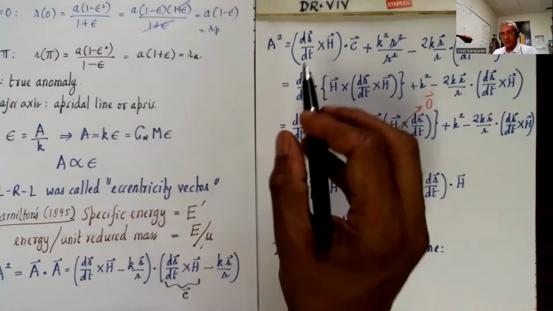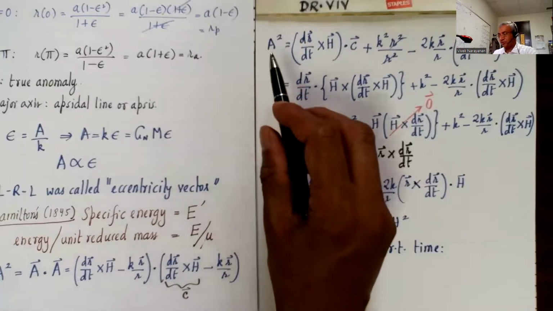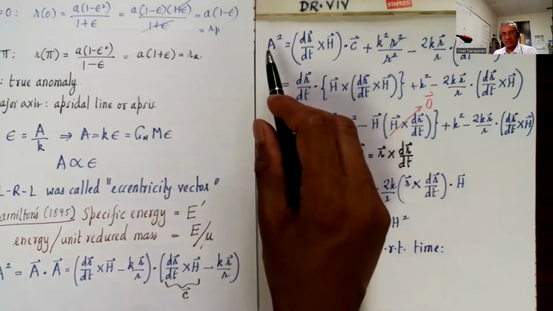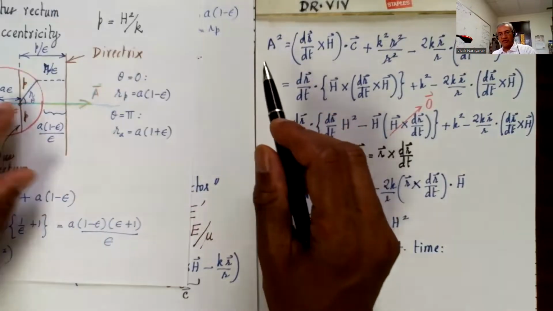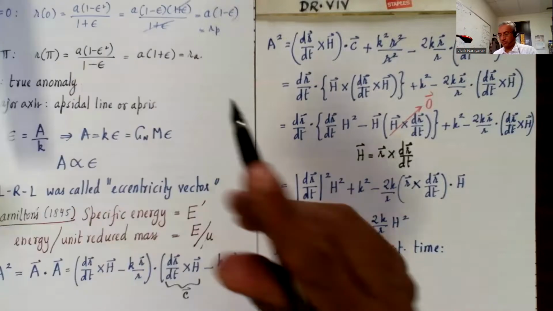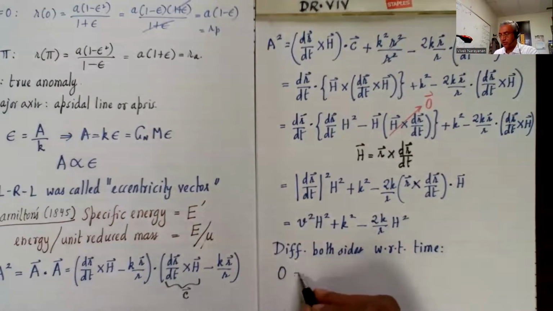Well, the Laplace-Runge-Lenz vector is a constant. It keeps pointing in the apsidal direction without changing. So if I differentiate that with respect to time, I get 0.